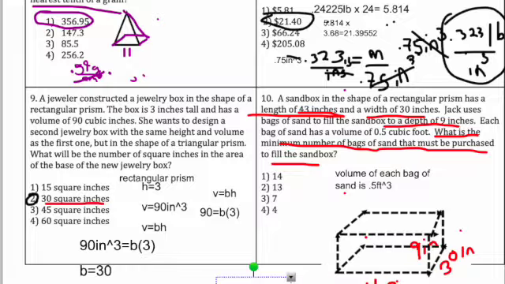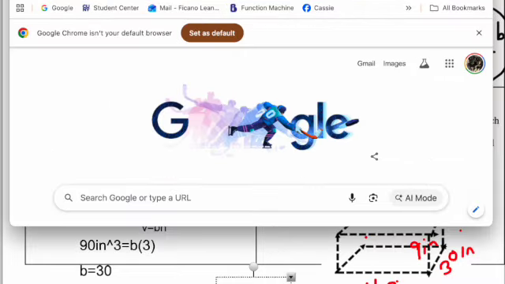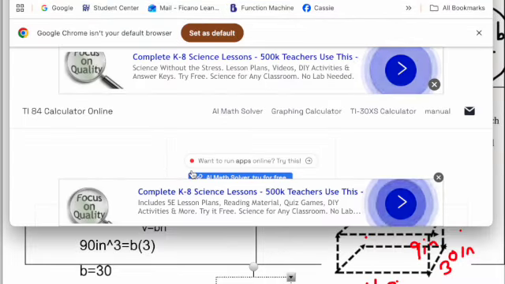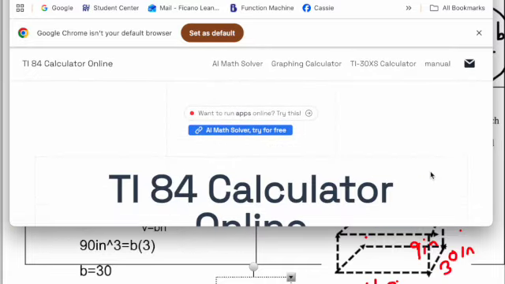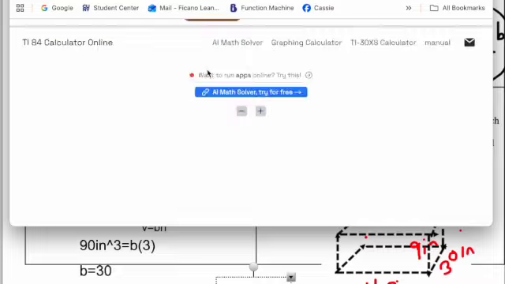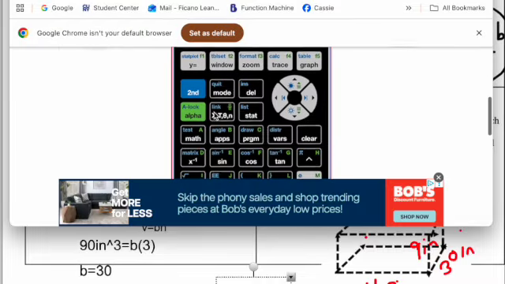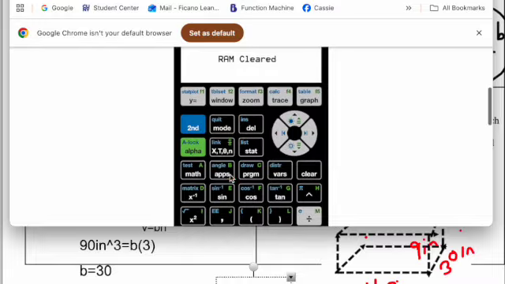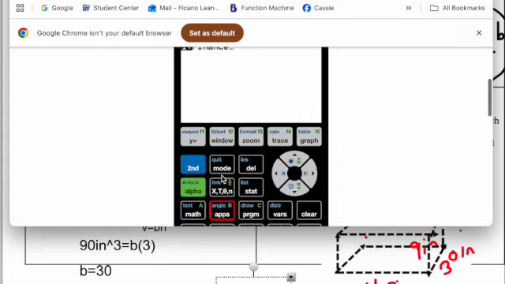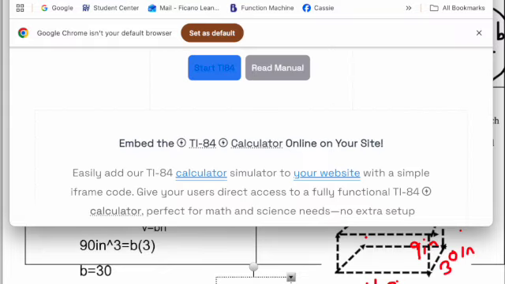So let's see. I wish that I had this. I don't think this is going to work. I don't think we have apps on here, is basically what it comes down to. And no, we don't have any apps, so it's not going to work.